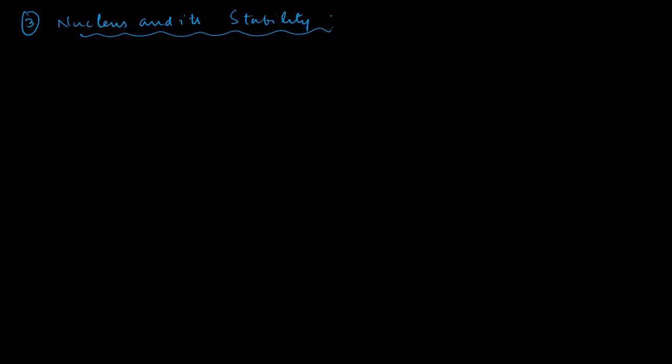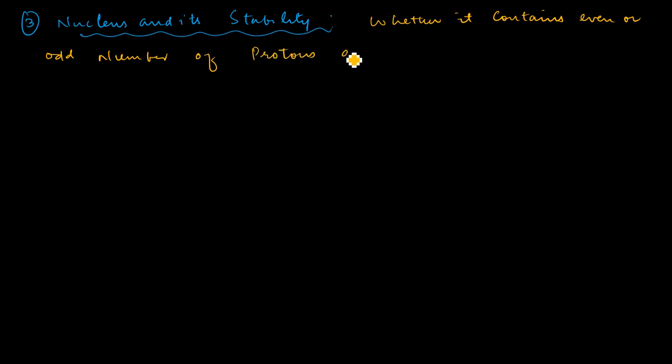That is whether it contains even or odd number of protons and neutrons. So the even and odd concept of proton and neutron number determines whether the nucleus is stable or not. Now understand how it affects.